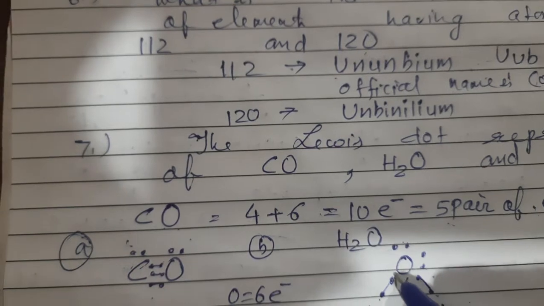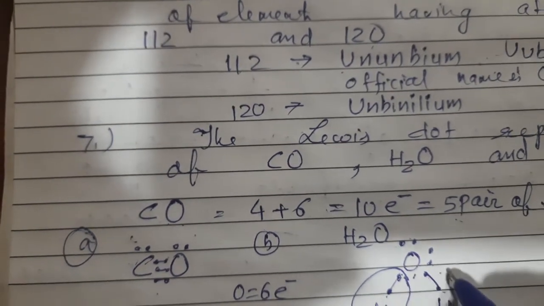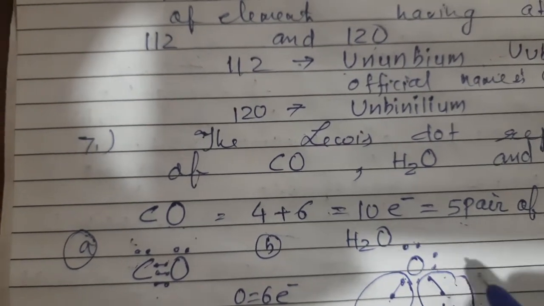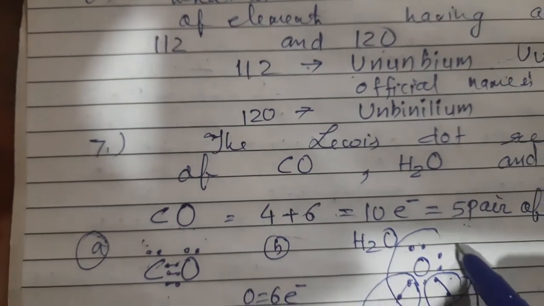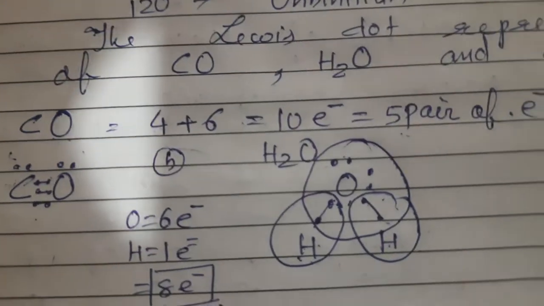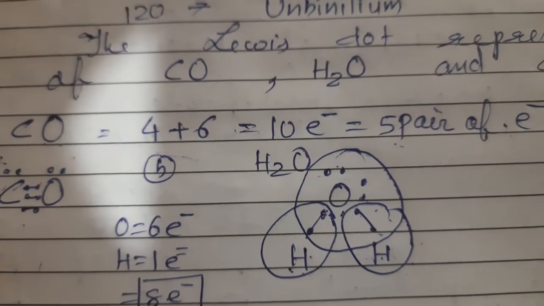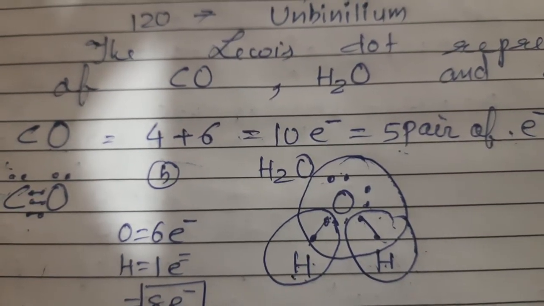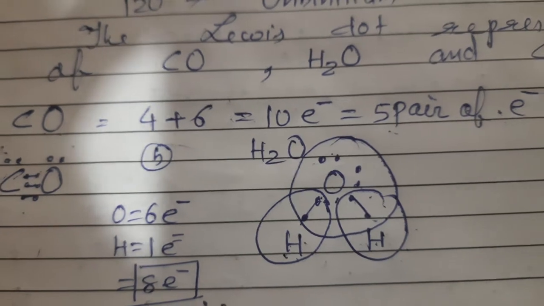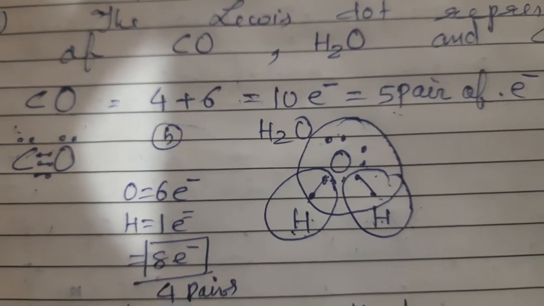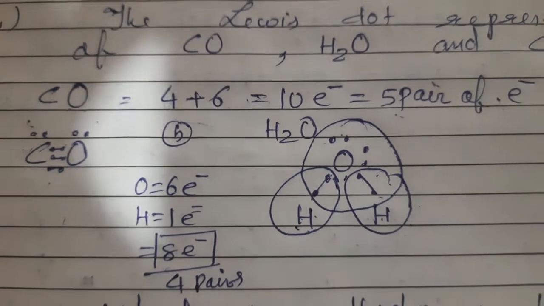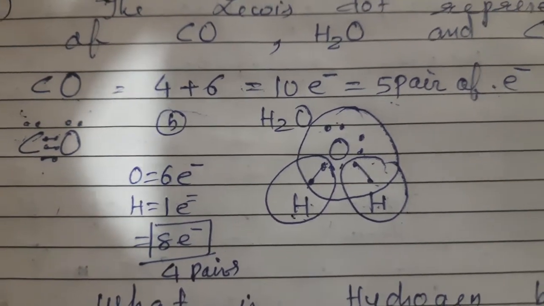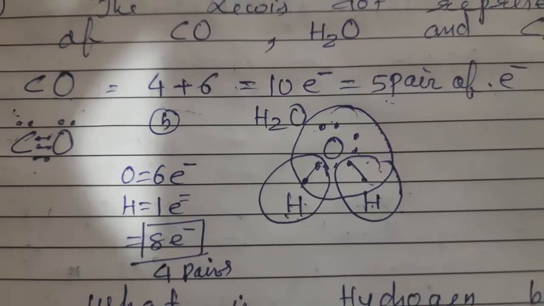So hydrogen will be like this, and oxygen will be like this. You can see oxygen has 8 electrons and hydrogen has 2 electrons, because hydrogen cannot have more than 2 electrons while making the bond. So both the duet and octet are completed.